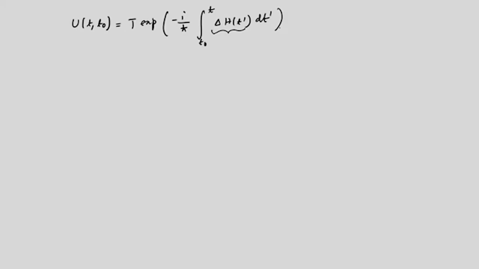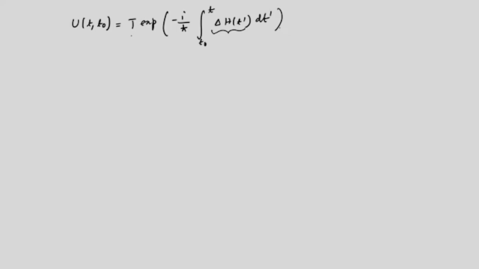Here you can treat both of them interchangeably, whatever you want to call them. This is the same as the interaction term in the language of many particle systems. Okay. So, this is how the unitary operator evolves a state psi from an initial time t0 to a final time t. And that involves the interaction term, delta H, that is here.